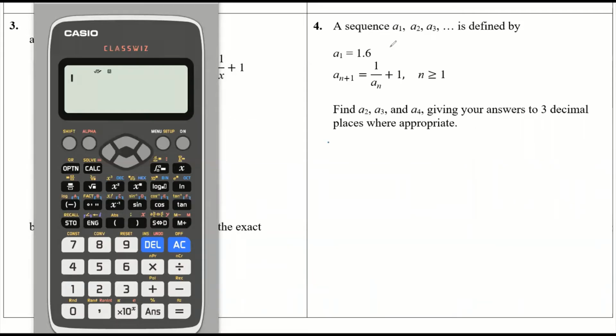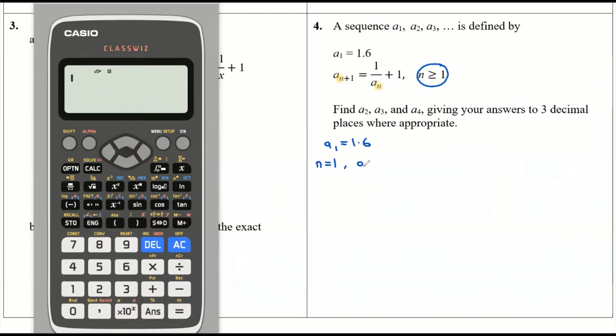So we know A1, that's given to us, is 1.6. Now, the recurrence relation states that if I sub in from here n equals 1, we can start with n equals 1. Then if you replace the n with 1 wherever you see it, so there and there, we're going to get A2 defined for us. So you just follow the instructions.